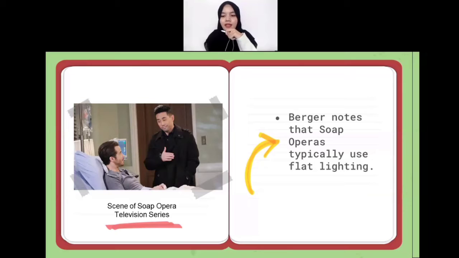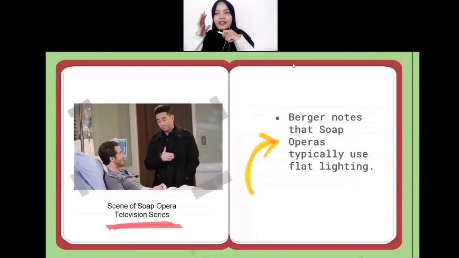Okay, this is another example of flat lighting. This is one of the scenes from a soap opera television series, where a soap opera is a television drama series focusing on the daily events of the lives of the characters.